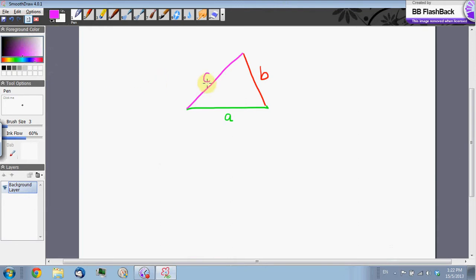Similarly, we're going to name the angles on the opposite side of the triangle as the capital letter of the alphabet. For example, this angle, I'll name it big C, which means I have to make this C a little smaller.